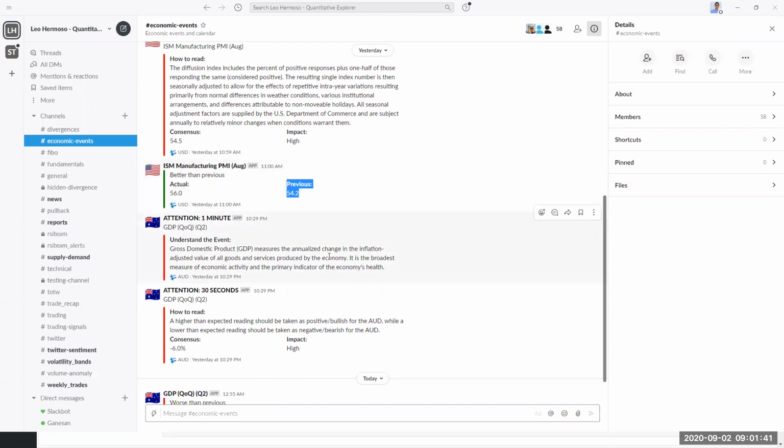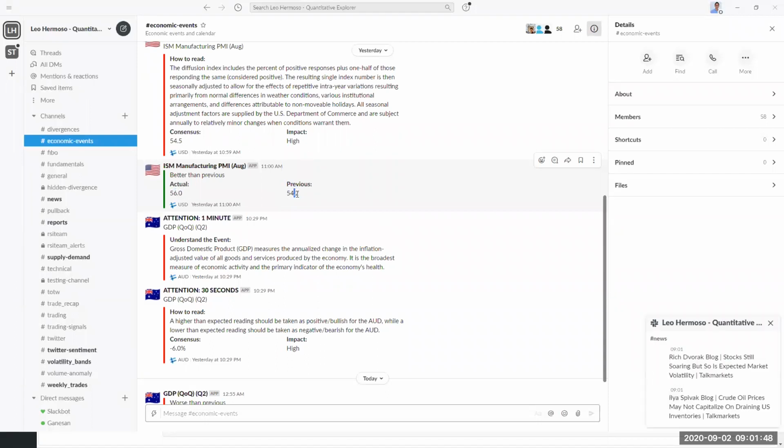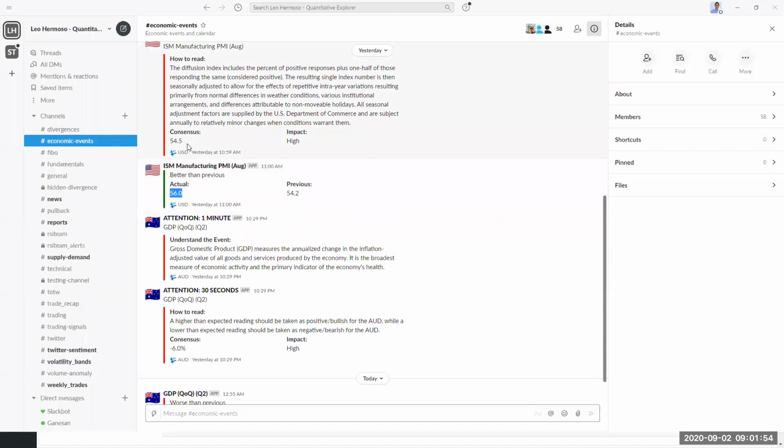If the actual number is better than previous, it tells us the economy is doing better. And if it's better than the consensus, we know the economy is doing better than expected.